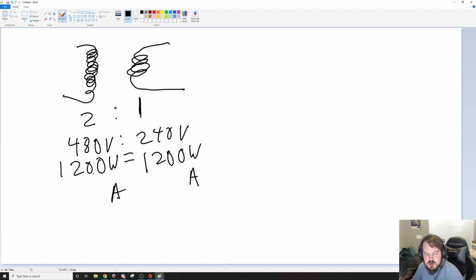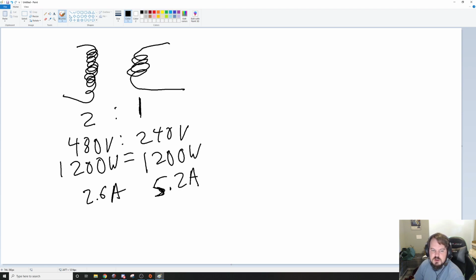So if we had 480 volts and 2.6 amps, on this side you're going to have 5.2 amps. And I think 480 volts and 2.6 amps gets as close to 1200. I'm not entirely sure, but that's what we're working with.